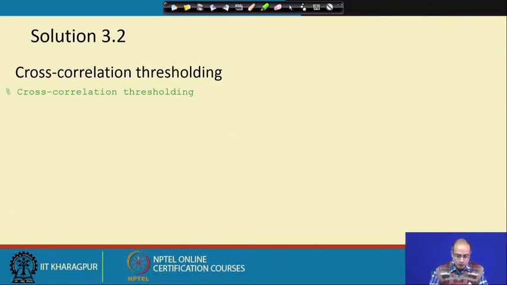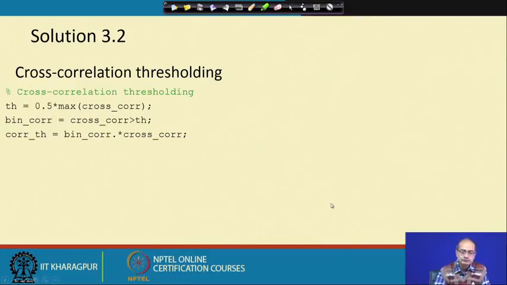Next, to get an objective value whether this is high enough, we need to do the thresholding. For that, what we have taken is the maximum value of the cross correlation coefficient, half of that. If you are very restrictive, you can directly go for 0.5. After taking the threshold, we collect the bin information when the cross correlation coefficient is above the threshold.